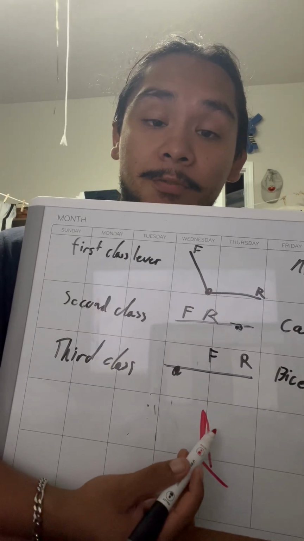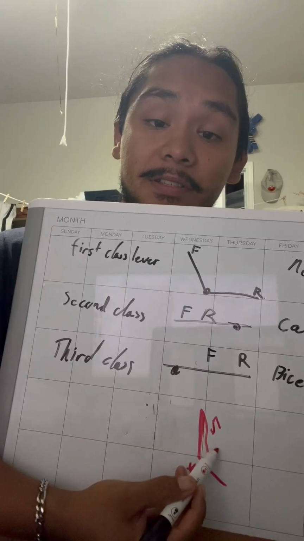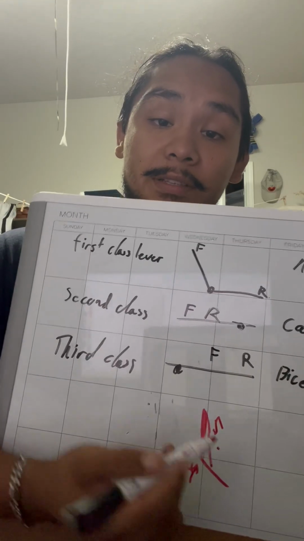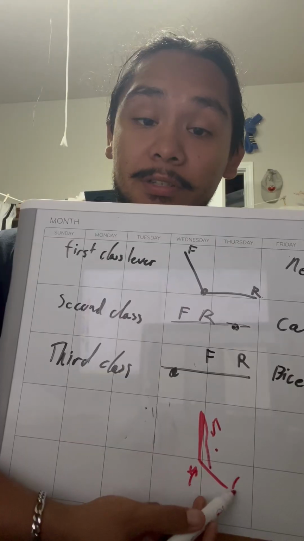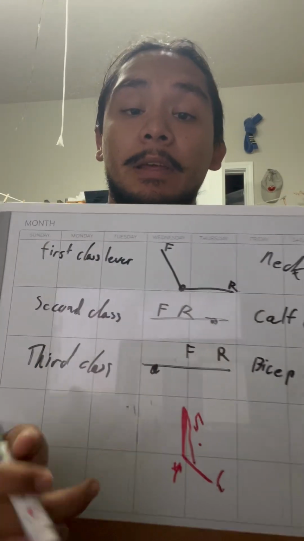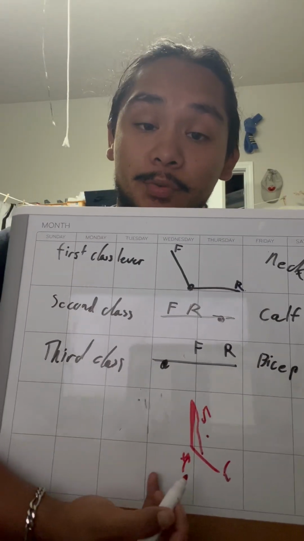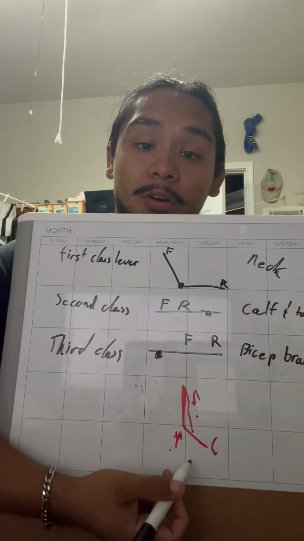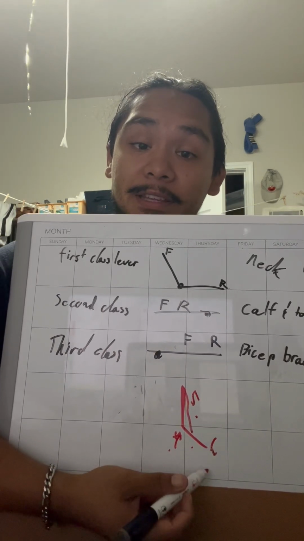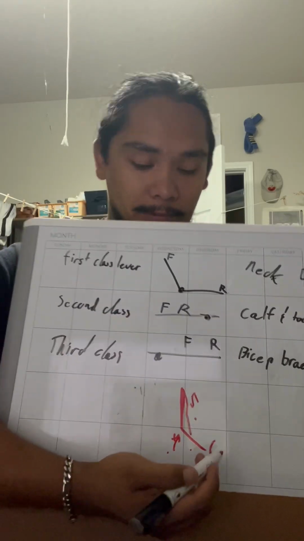Now, our muscular force is pulling right here, and our resistive force is the weight over here. Now, if we look at it this way, we see that it's our fulcrum, our muscular force, and then our resistive force.